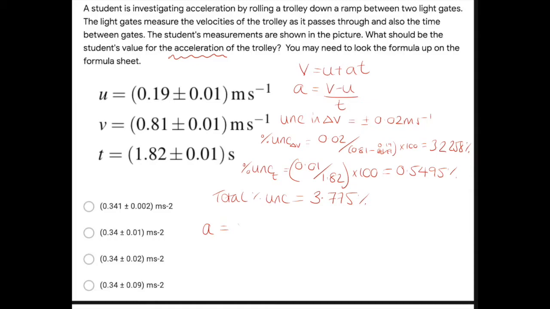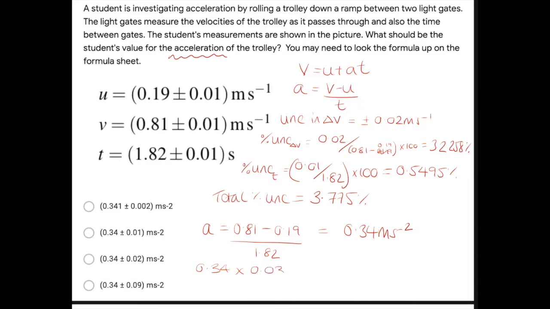If we now actually calculate our value for a, so we've got our v, which was 0.81 minus our u, divided by t, which was 1.82, we get a value for a of 0.34 meters per second squared. And then our final step is work out 3.775% of 0.34.